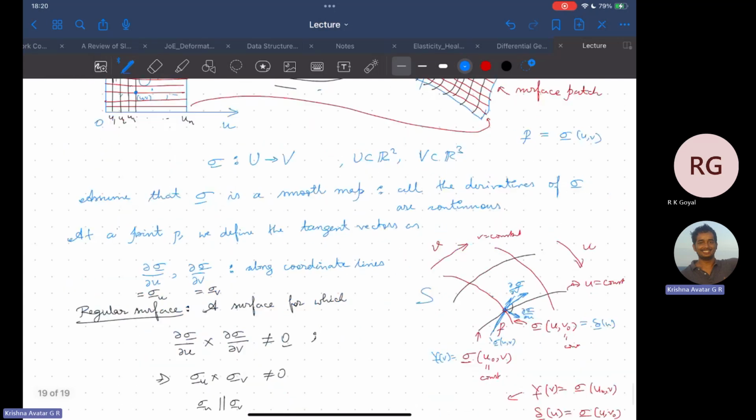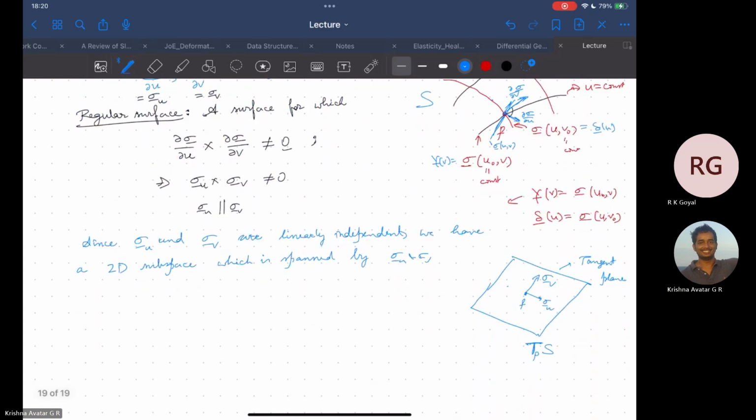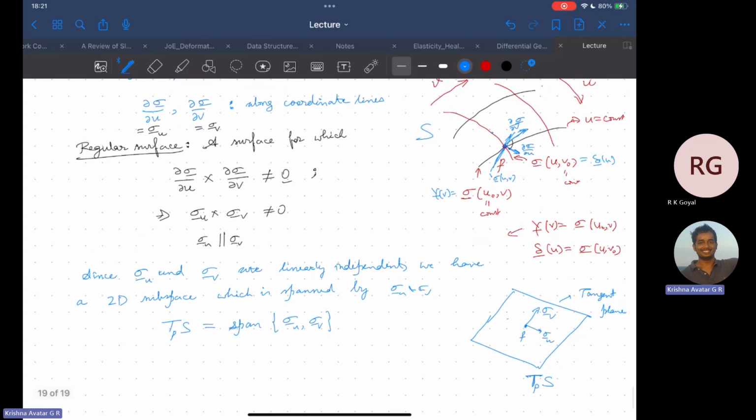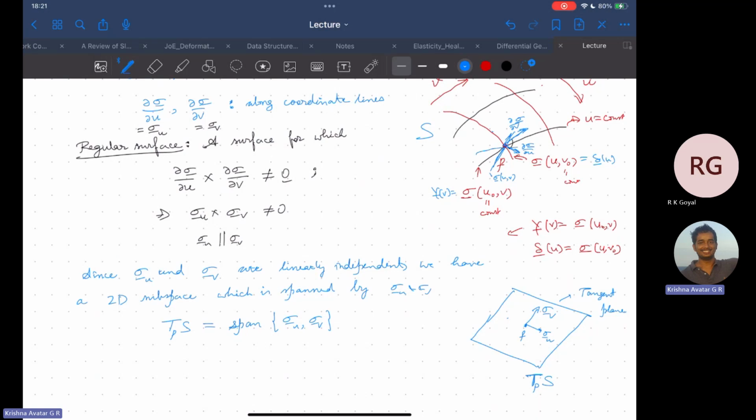So T_P S is the tangent plane, defined as the span of sigma u, sigma v. Any curve passing through P will have its tangent lie in this tangent plane.